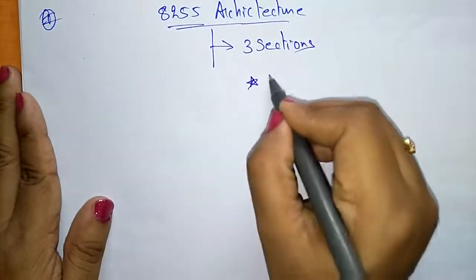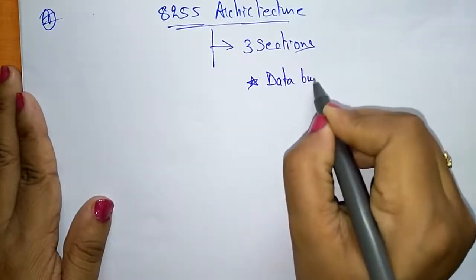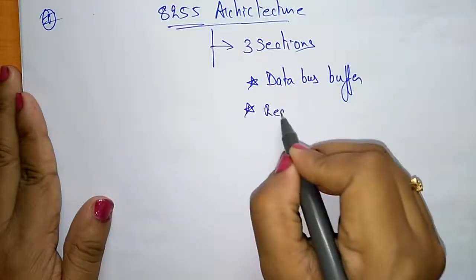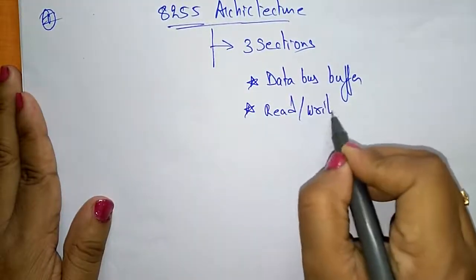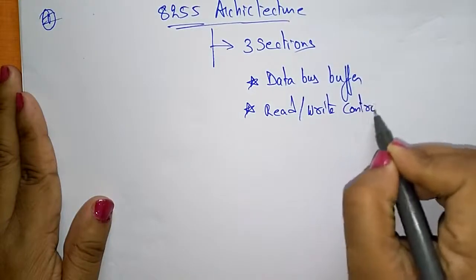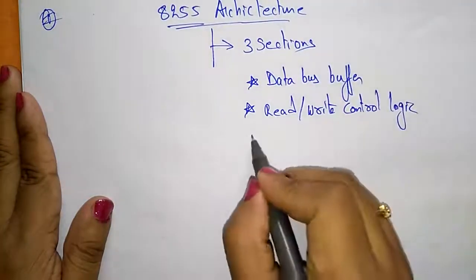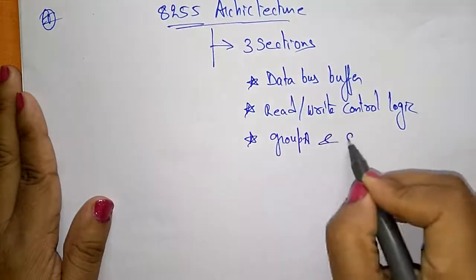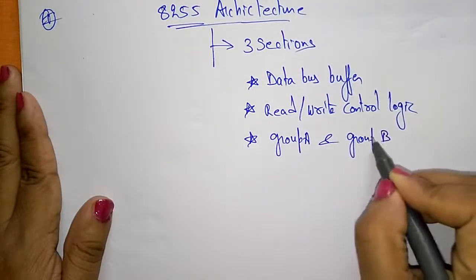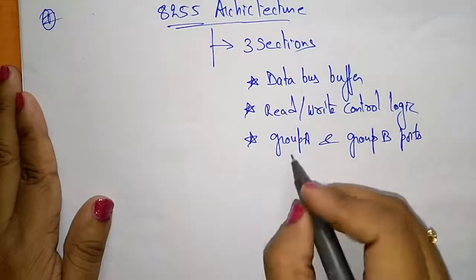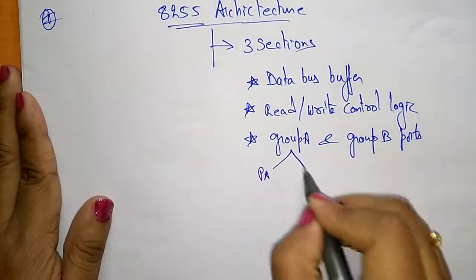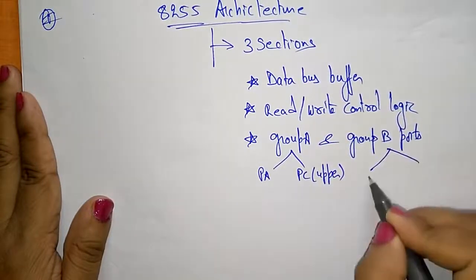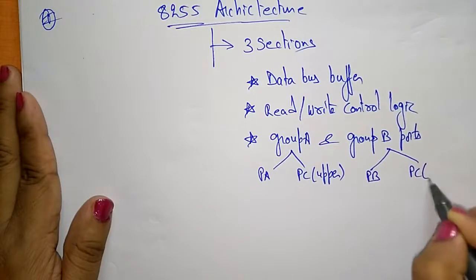First is the data bus buffer. Next, the read-write control logic, and the third one is Group A and Group B ports. Group A consists of port A and port C upper. Group B consists of port B and port C lower.